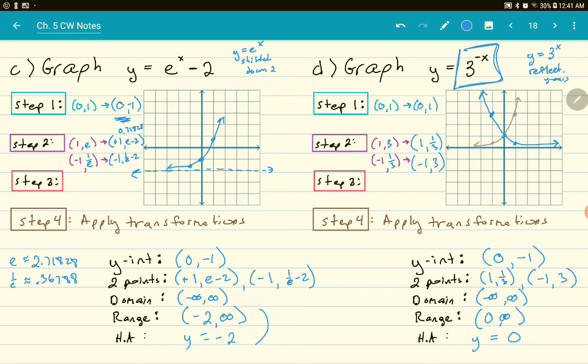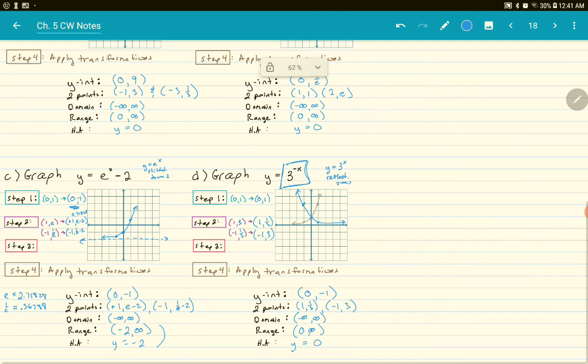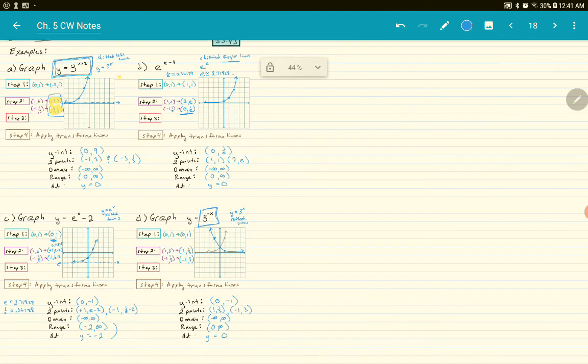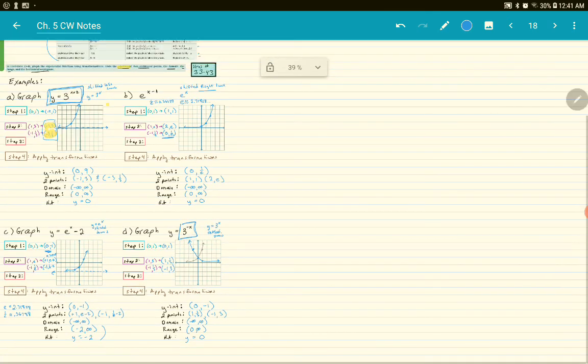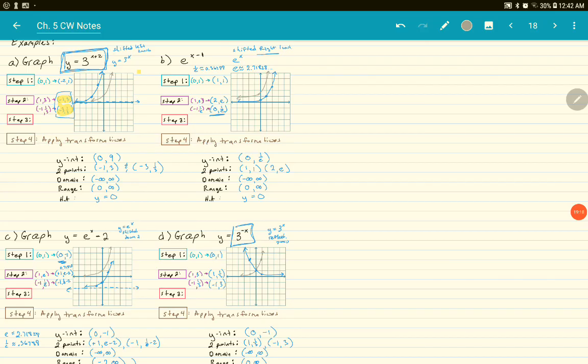And there we go. So there's 4 different types of transformations on a couple different examples. I popped in the parent function in gray on each of those 4 graphs so you can see that transformation.